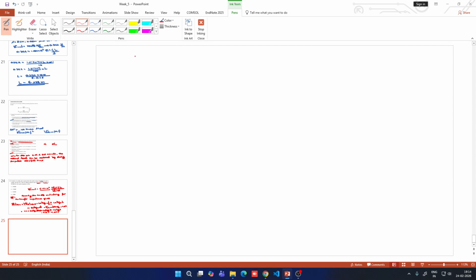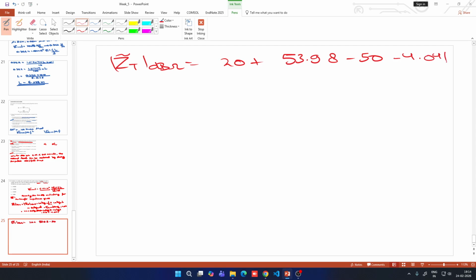So when we solve this, we will get the transfer impedance in dB ohms as 20 plus 53.98 minus 50 minus 4.041, and when we solve this, we will get 19.939 dB ohm.